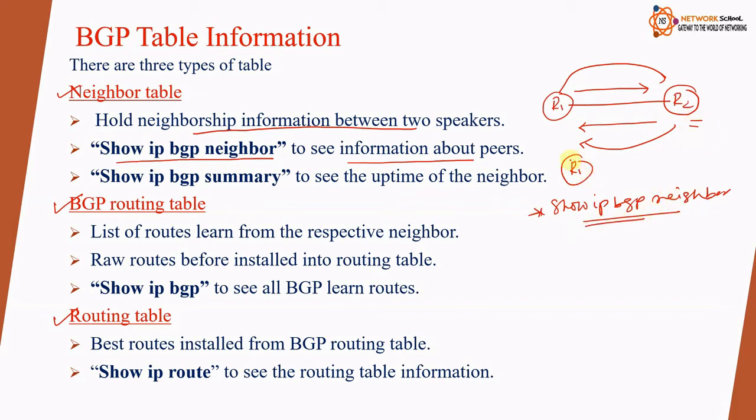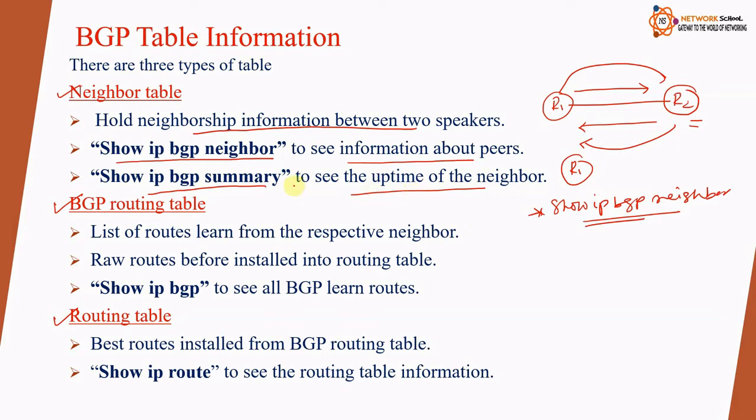So in R1 this command gives us information about the neighbor R2. We can also use the command show IP BGP summary to see the uptime of the neighbor.